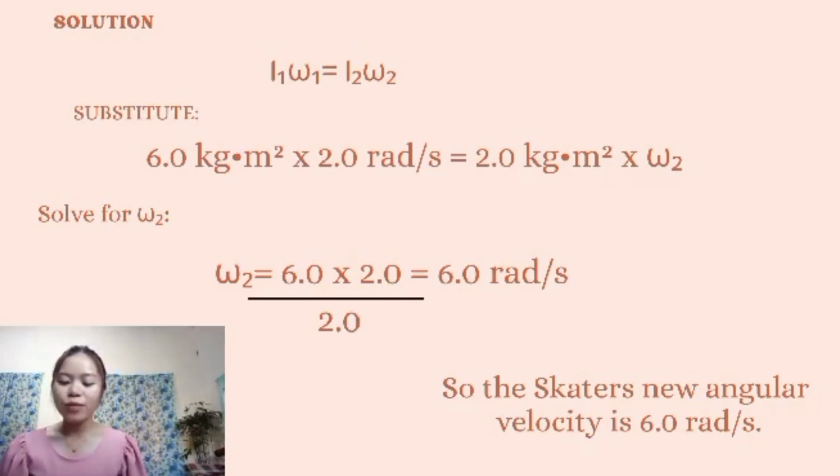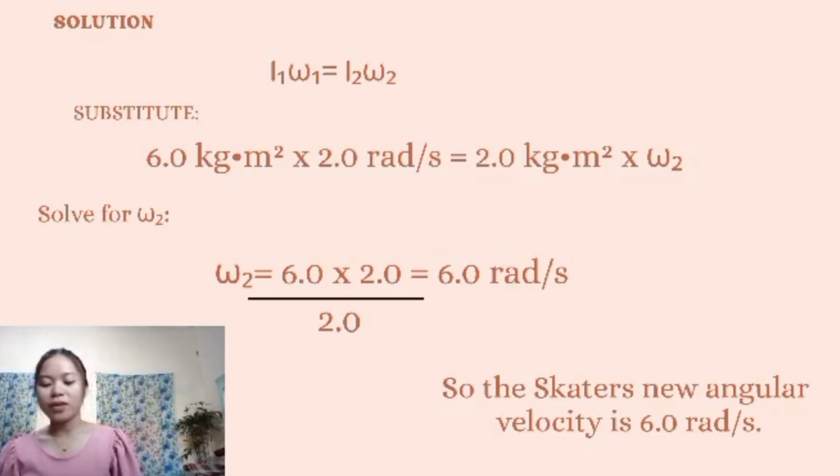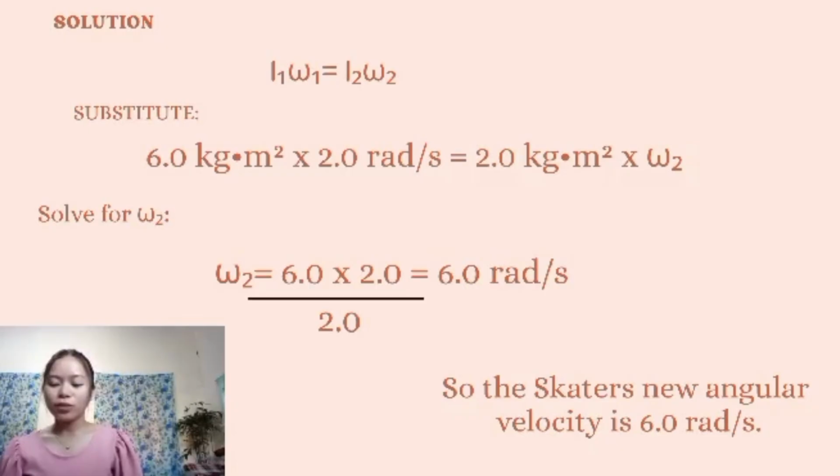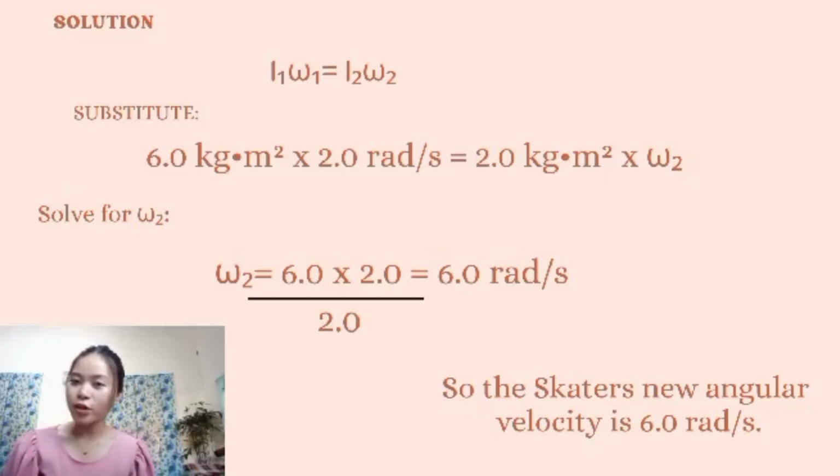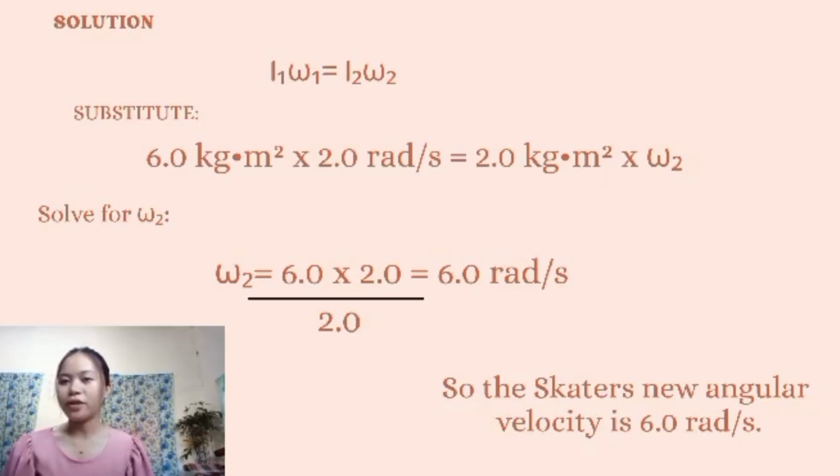I sub 1 is 6.0 kilogram meter squared times the angular velocity of 2.0 radians per second equals the second moment of inertia of 2.0 kilogram meter squared times the second angular velocity that we still need to find. So we will solve for the second angular velocity.